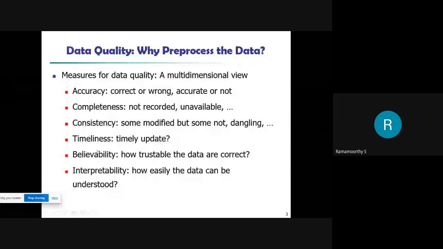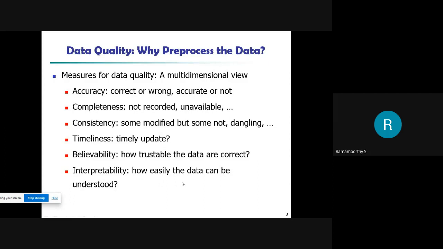And believability, how trustable the data is. You need to check whether it is the actual data or manipulated data. How can you trust that data, whether the data provided on that particular input is correct or wrong? Everything also needs to be verified before you apply the data mining algorithm. And interpretability, how easily the data can be understood.